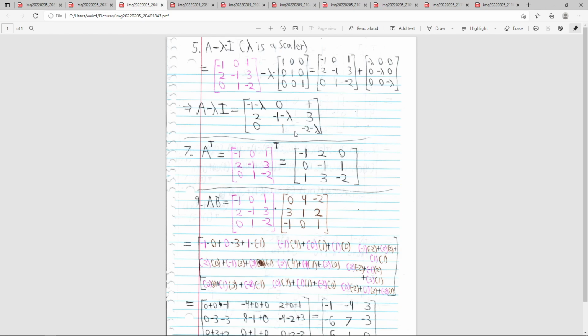The reason this comes up is because it's used later on in the course. You'll see the scalar lambda used later when you get into eigenvalues and such. It becomes useful again, this matrix type. The format A minus lambda times I is used, but that's not important right now.